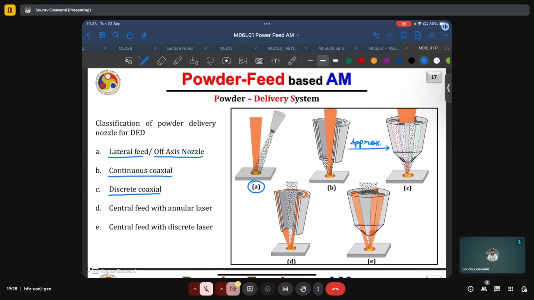Or instead of having the laser come out from the axial direction and powder from all around, we can do the reverse, where we have the powder being fed from the center and the laser surrounds it from all directions, which is a central feed with annular laser as shown in figure D here. And just like the previous case, this can also be approximated by a central feed with discrete laser system.